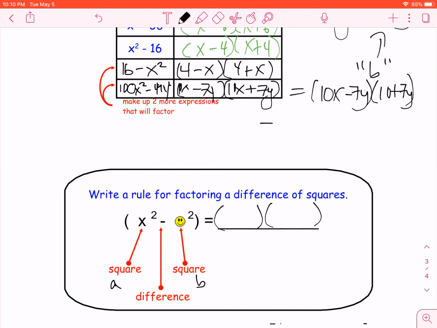Remember, one with a minus, one with a plus. So for our a term, the square root of x squared is just x. The square root of our b term, which is the smiley face, is just a smiley face. One is minus, one is plus. That is factored completely.